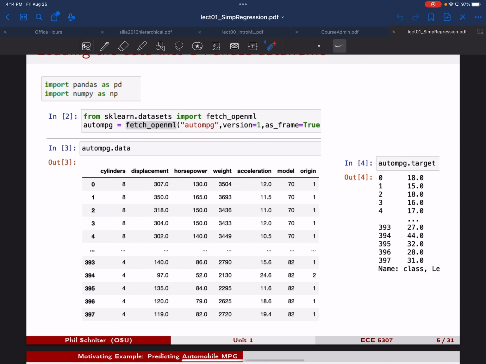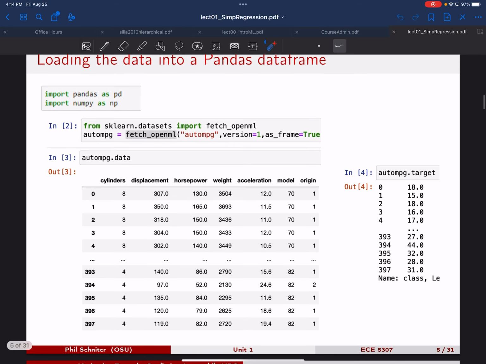Okay, so let's step back a little bit. The first thing you do in a Jupyter Notebook is you typically import the libraries you're going to be using, and typically you abbreviate them just so you don't have to type as much. Some of the main things we're going to import at first are this Pandas library, which I've been talking about, and also NumPy.